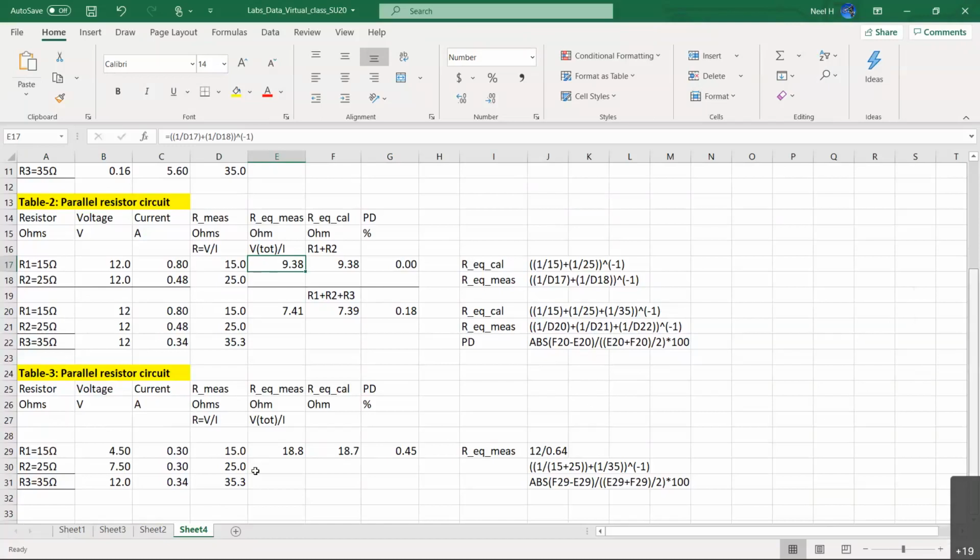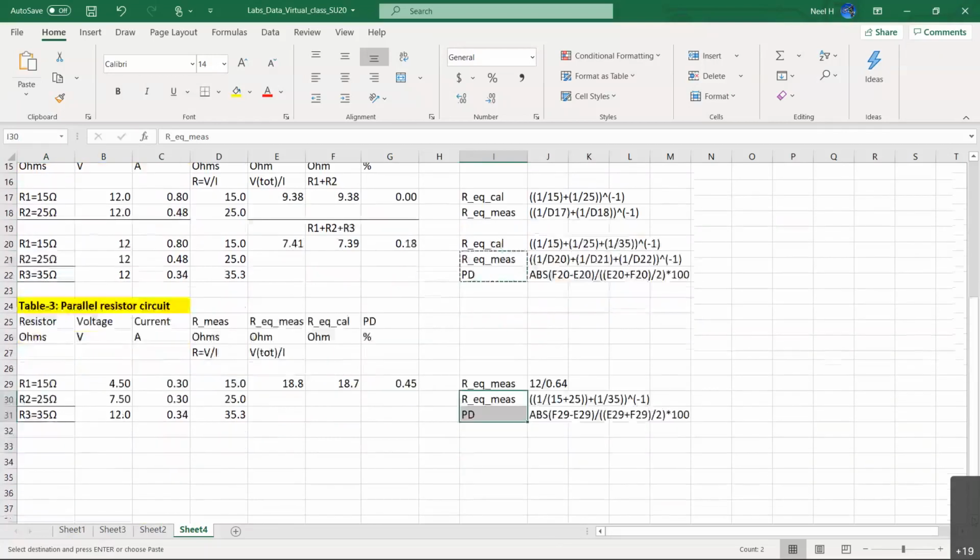Okay, then let's go back to table number 3. Table number 2, number 3, we have done case 1, right? This is our measured and calculated, and I think the functions are also done there. So now we need to make table number 3, case number 2.